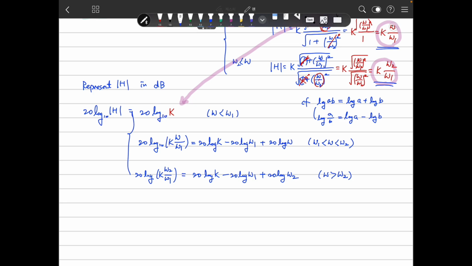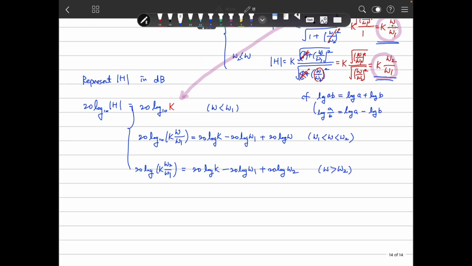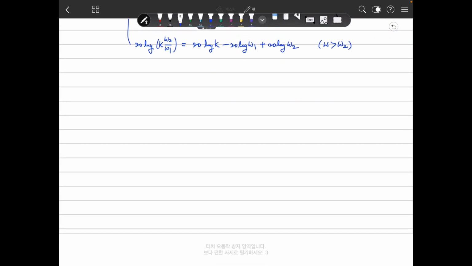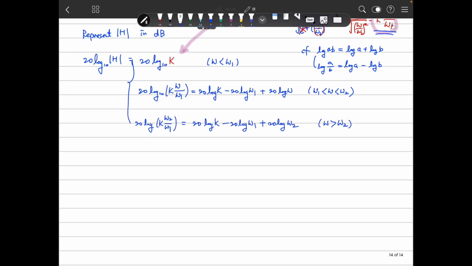So we can represent the Bode plot in this manner here. Now we will draw the Bode plot in the magnitude. We are ready to draw the magnitude of the Bode plot. How can we draw the Bode plot here? It's quite simple, you know that.